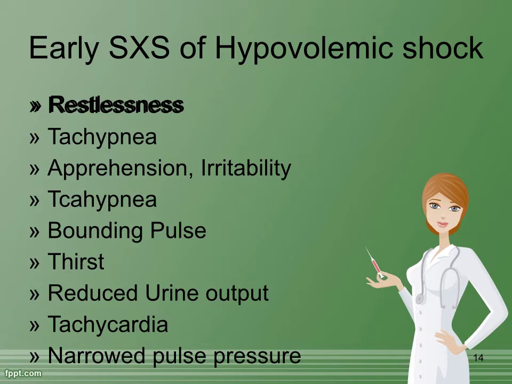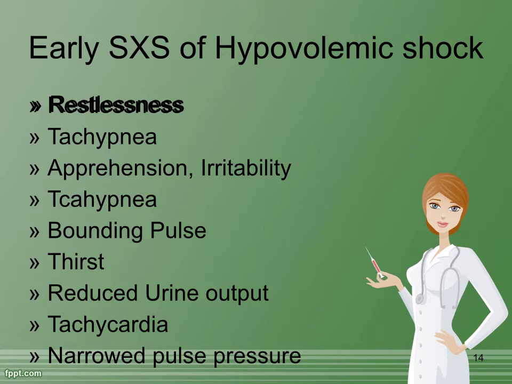And tachypnea, now there are beta receptors inside your body which respond to any cellular hypoxia, and this will lead to bronchodilation, and when it leads to bronchodilation, the body will try to get more air in, so that's why there will be tachypnea.